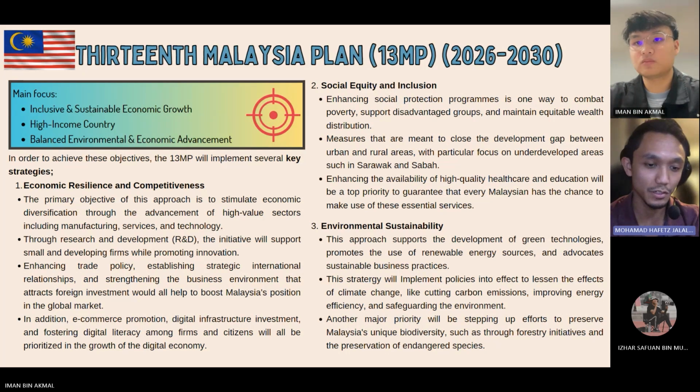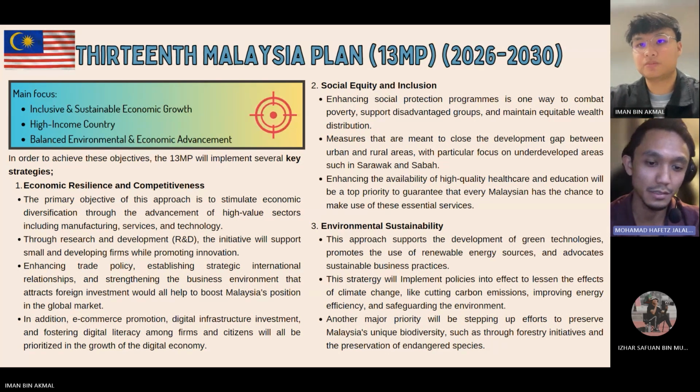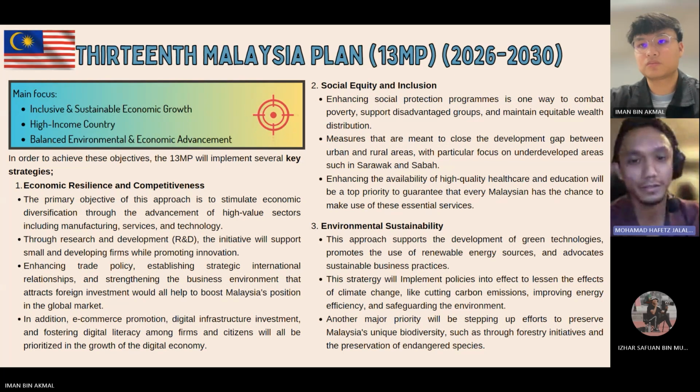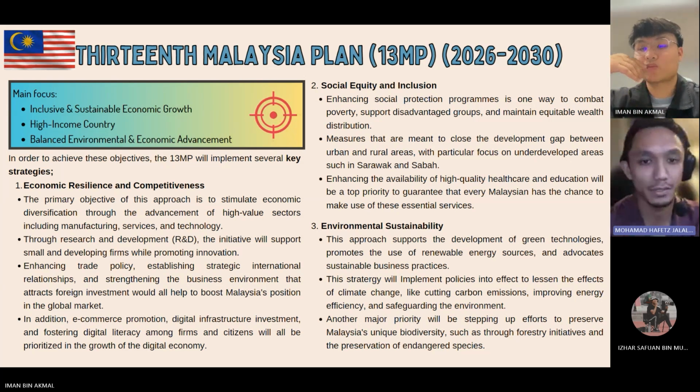In addition, e-commerce promotion, which is digitalized, and fostering digital literacy must all be prioritized in the growth of the digital economy. That's the first strategy. The second strategy that will be implemented in the 13th Malaysian Plan is social equity and inclusion.